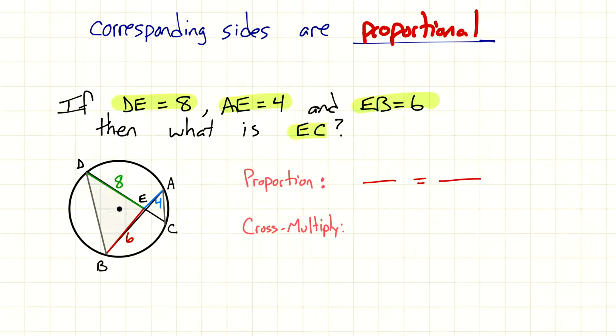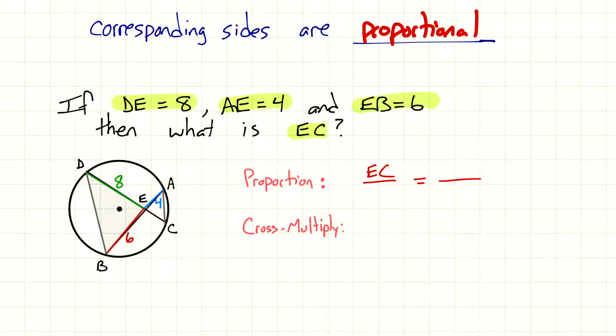Which side corresponds with EC? It might not be obvious, but since these angles were matching, this is kind of like a mirror image of each other, like a butterfly where one wing is really small. So these two sides are corresponding.